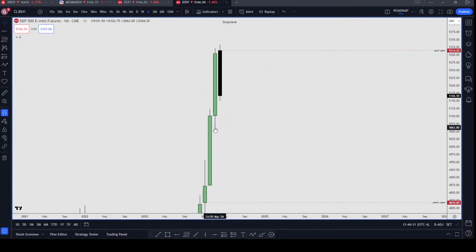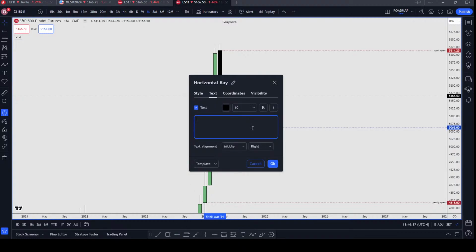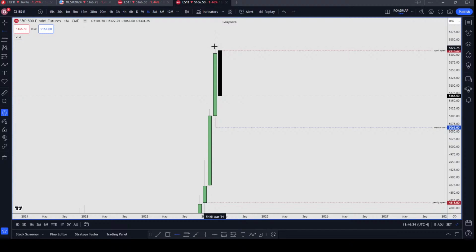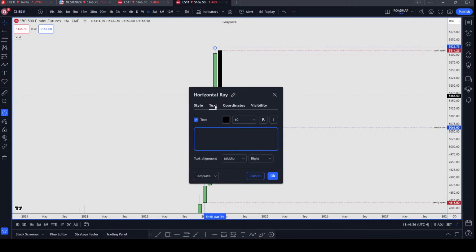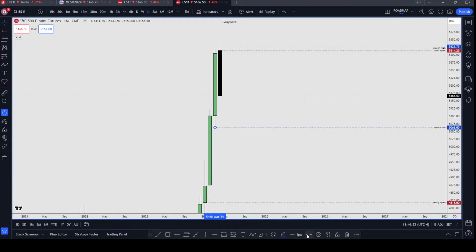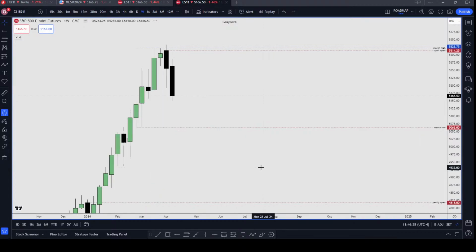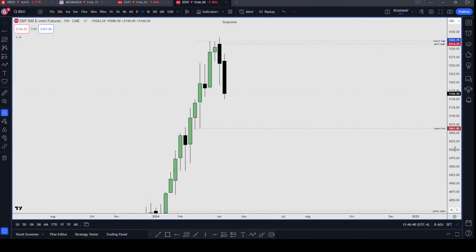So we have this previous month's low right here, March low, and March high. Let's head over to the weekly chart.